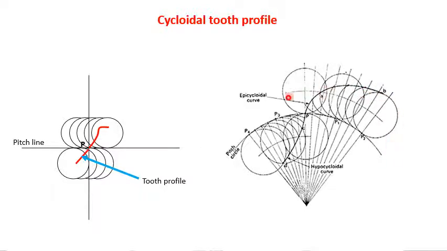Circle 2, which is below the pitch circle, rolls without slipping to the left on the inside of the circle, which generates a hypocycloid representing the flank profile of the cycloidal tooth. So this represents the face of the tooth, whereas this is the flank. Like this we can generate the tooth profile. This is nothing but the cycloidal tooth profile.